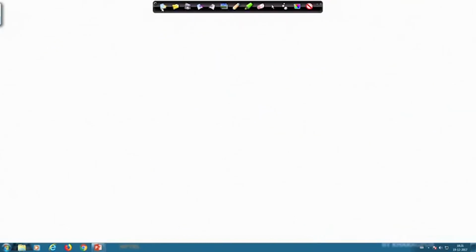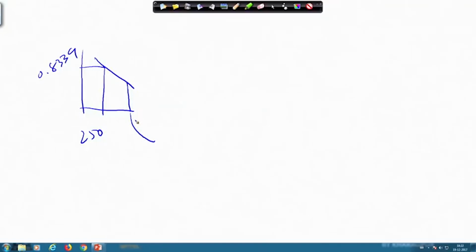if I know again the e-log P curve, suppose the initial e is 0.8339 and this is actually 250, and this is actually, suppose whatever pressure I get. So, 250 plus 264, this pressure is P 2 and this e is unknown.